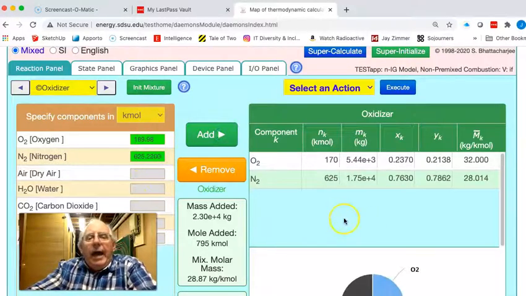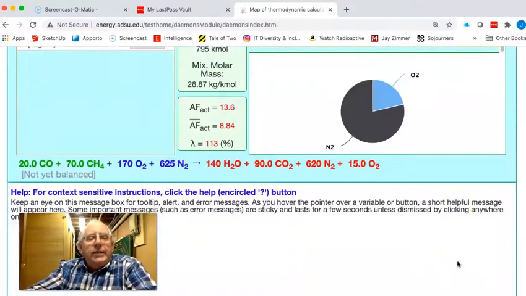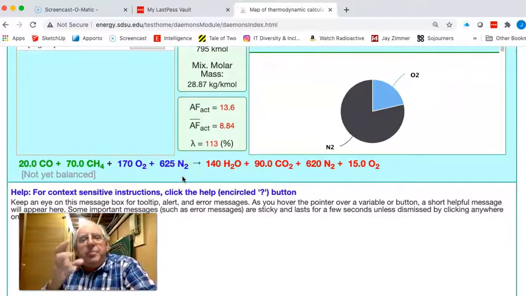And so now on my balanced equation here, I have my 70 parts, my 20 parts, an extra 5 parts here, an extra 5 parts here, and I've put in enough oxygen and nitrogen to be 10% excess air.